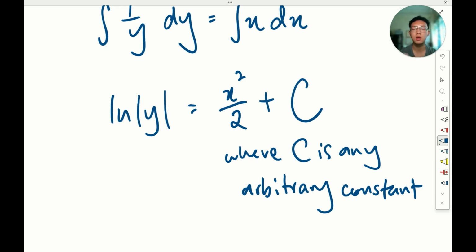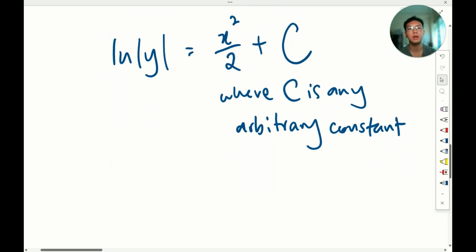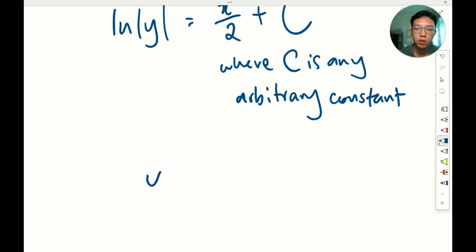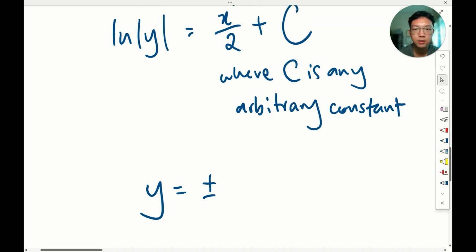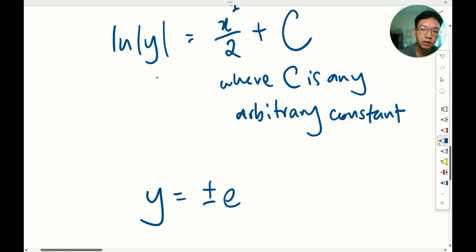Using our ln rules, we will be converting the logarithmic form to the exponential form. So raise it to the power of the natural base. So we have y equals plus minus, because of the mod sign, we're going to open the mod sign up, so we have a plus minus sign, of the natural base raised to the power of x squared over 2 plus c.